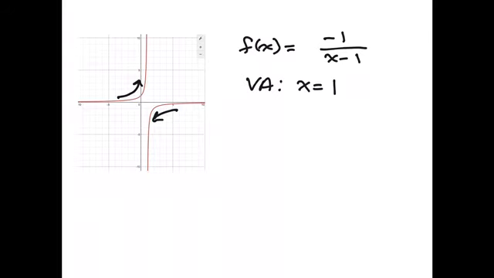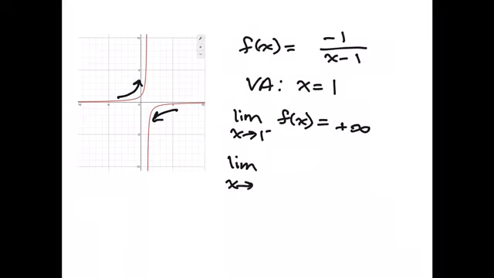So if we go back to one-sided limits, I'll say the limit as x approaches 1 from the left is positive infinity. The limit as x approaches 1 from the right is negative infinity.